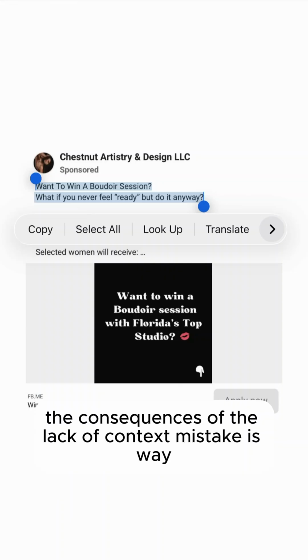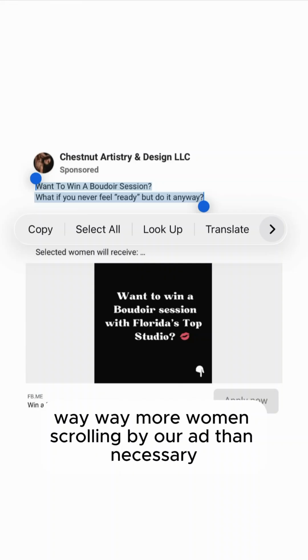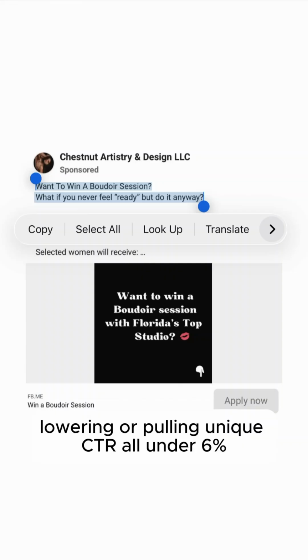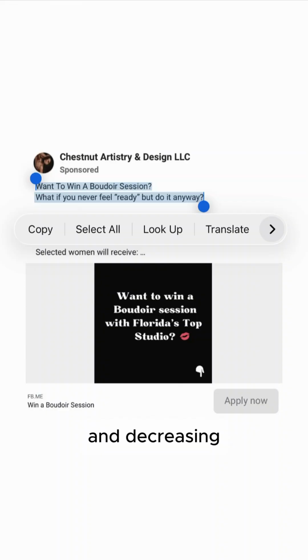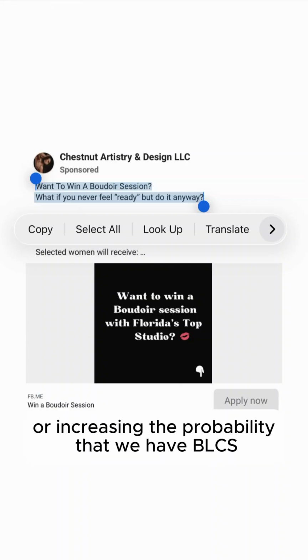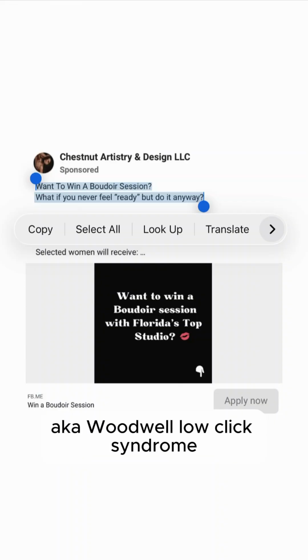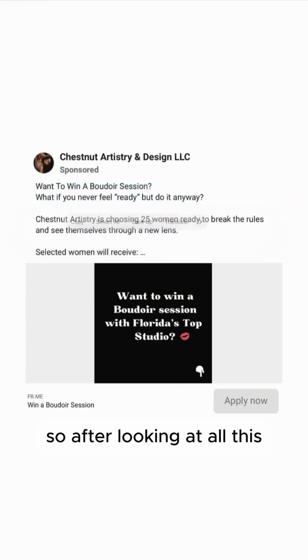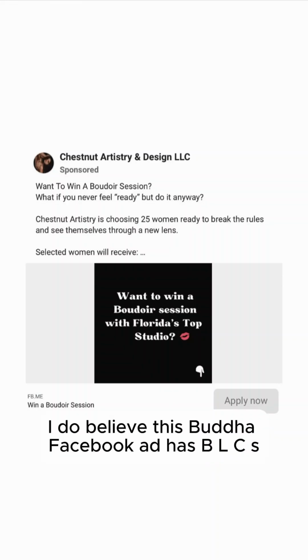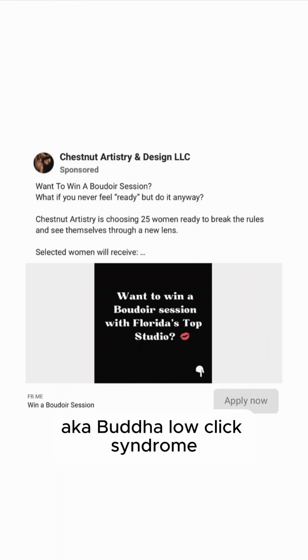The consequence of the lack of context mistake is way more women scrolling by our ad than necessary, pulling unique CTR under 6%, and increasing the probability that we have BLCS. So after looking at all this, my diagnosis is yes, I do believe this Boudoir Facebook ad has BLCS, aka Boudoir low click syndrome.